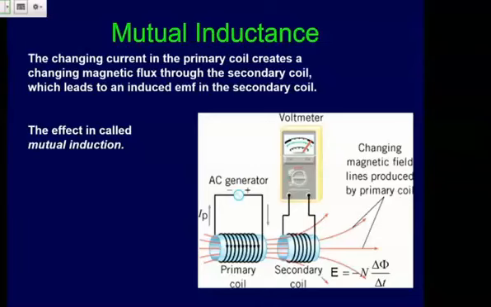So the magnetic flux through here is constantly changing, since a solenoid makes a magnetic field. This flux goes over into the secondary coil and, according to Faraday's law, induces an EMF, which you can read as a current or as a voltage. That's the idea of a transformer.